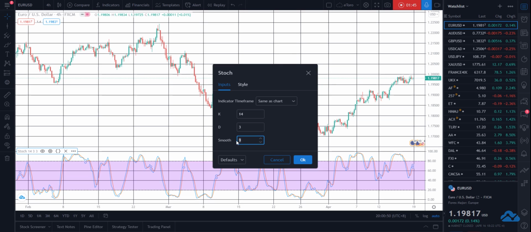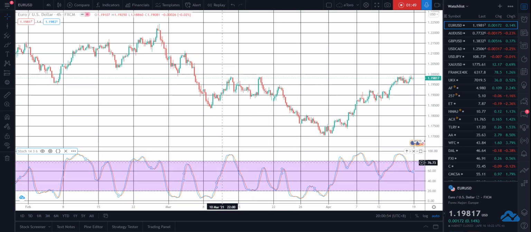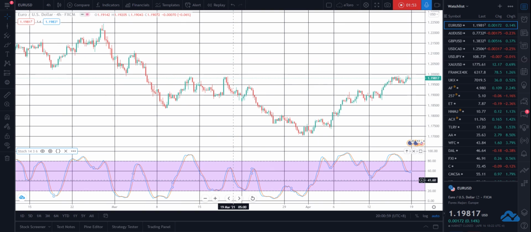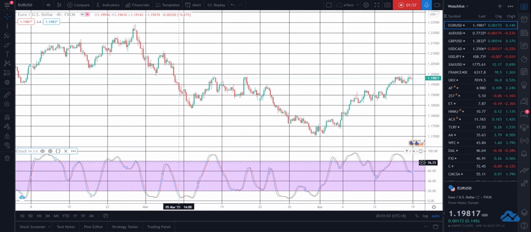You don't have to take it to 9, even 6. Make it a bit more smooth, and then you get fewer false closing or open signals.